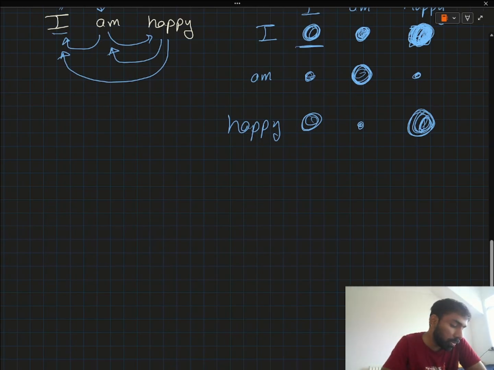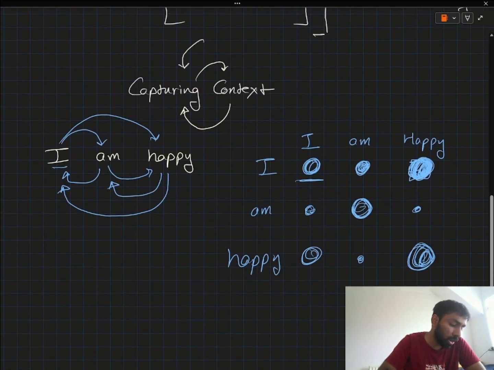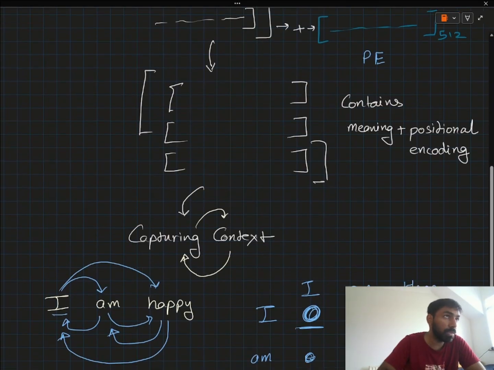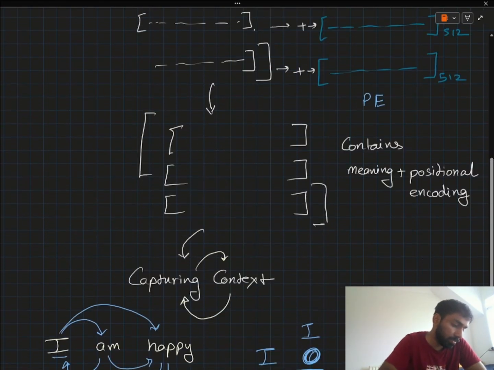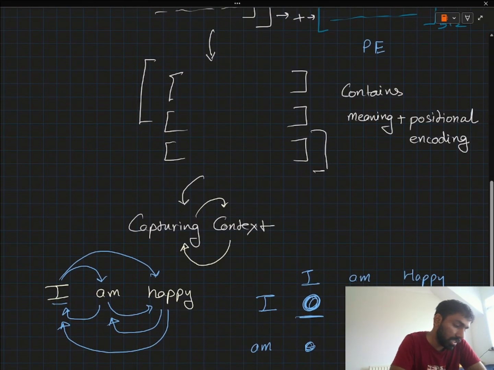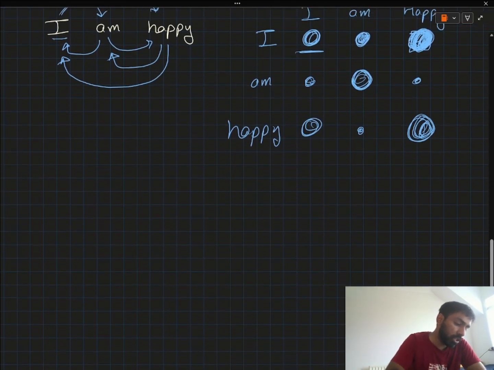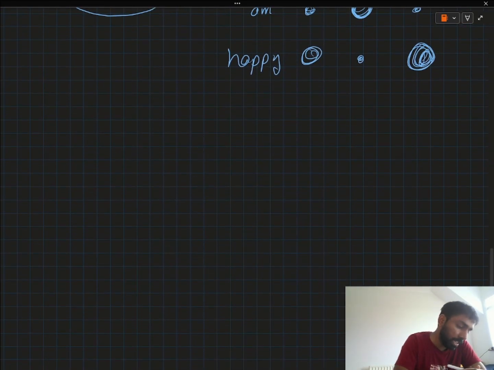So for now, what we have is this, which is a meaning plus contextual embedding layer. Let me just redraw this.